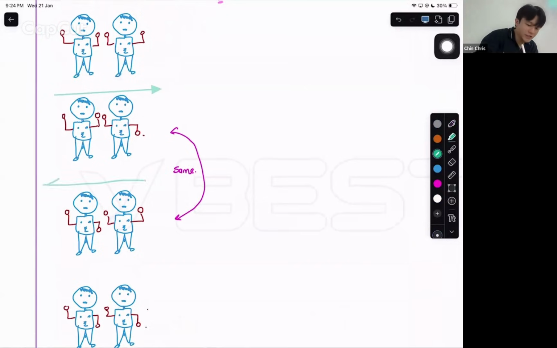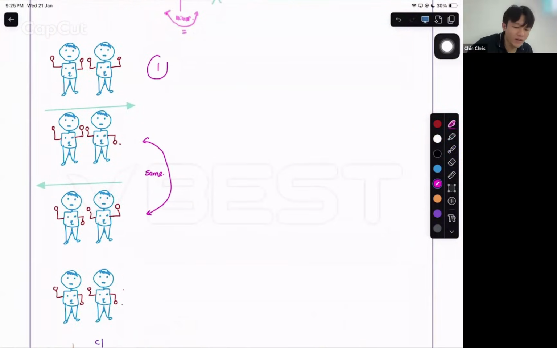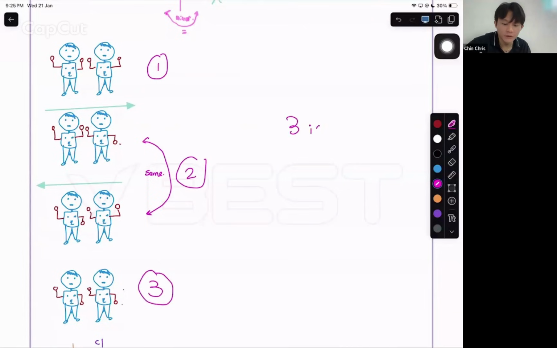If you read it this way, it's still Brad cis, Brad trans. Due to the fact that they are the same person, you read it left to right or right to left, you see the same thing. So they are the same. So you have 1 isomer, 2 isomers, 3 isomers in total. Get me?